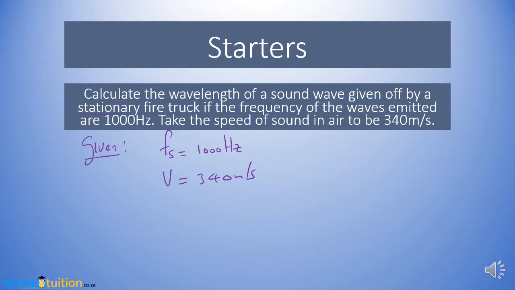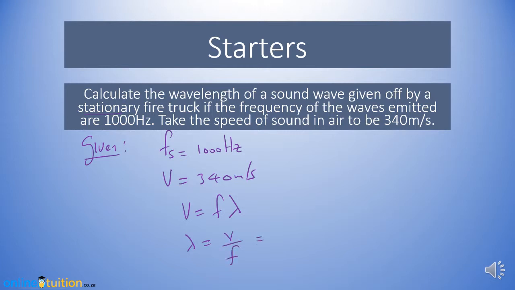If you recall from grade 10, the classic wave equation is v equals f lambda, and we want the wavelength. So if we make the wavelength the subject of the formula, we divide both sides by f, and we get lambda equals v over f.